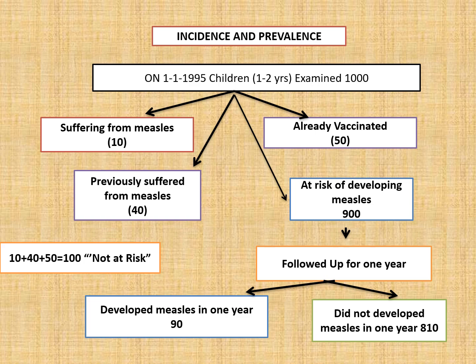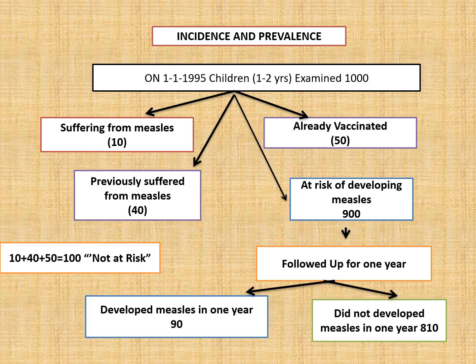On survey we found that on that day 10 children were actually suffering from measles. 40 gave a history that they had suffered from measles in the past, and 50 gave a history of vaccination. So there are 10 plus 40 plus 50, that is 100 children who are not at risk of developing measles. So we have only 900 children at risk of developing measles.